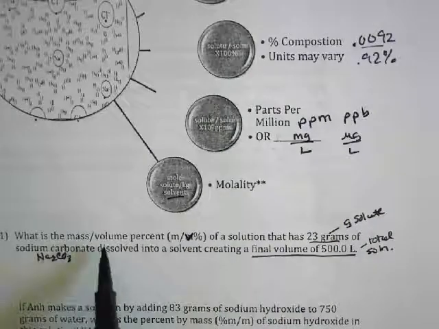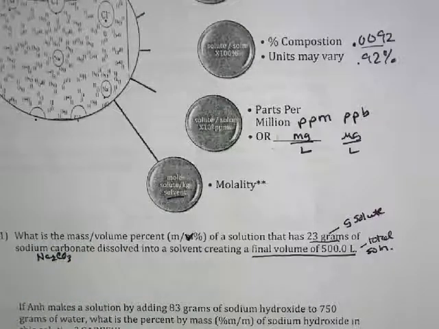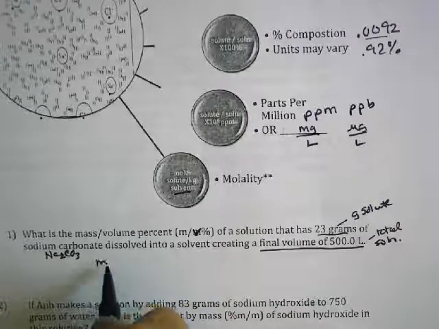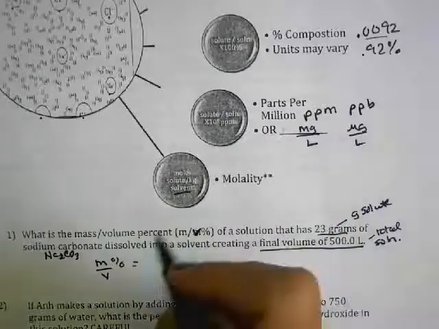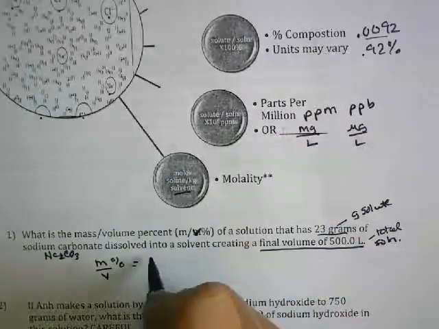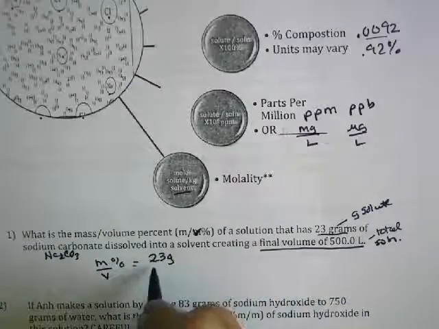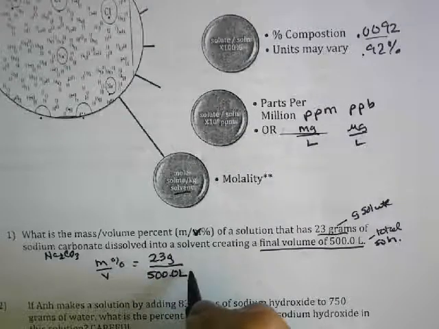What is the mass per volume percent? The only thing we're going to have to do, when we get an answer in our calculator, is do the correct sig figs, the units, and make sure that we express it in a percentage and don't leave it as a number without doing so. So the mass per volume percent is equal to the mass of the sodium carbonate, which is 23 grams, per 500.0 liters of solution.